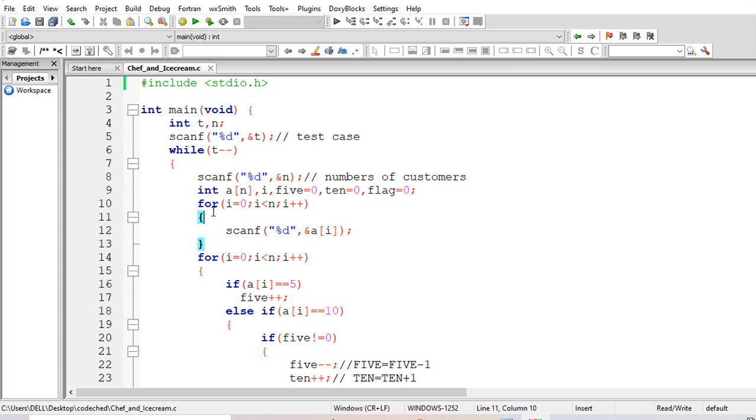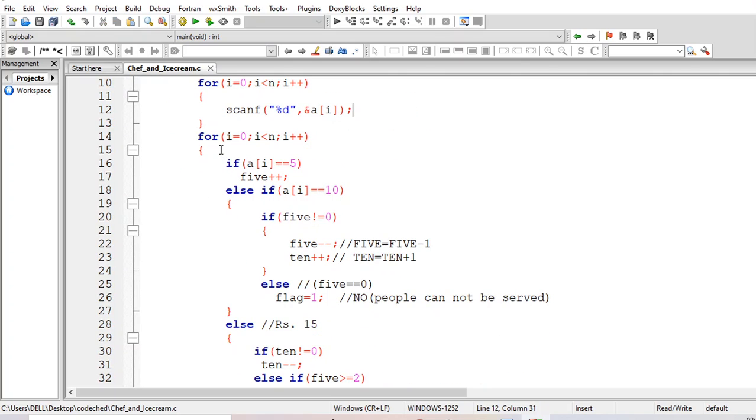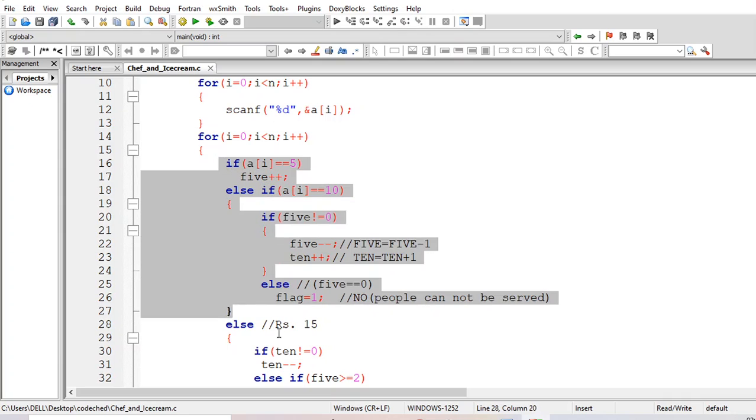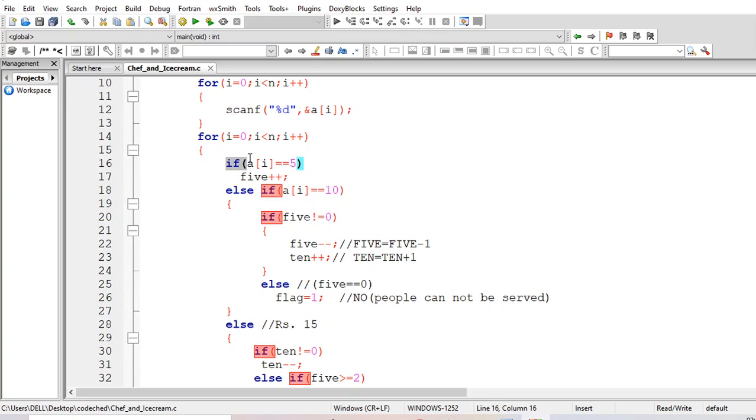So now I take a for loop to read the values of the array a from the user. Then I use another for loop to check whether the chef can serve the ice cream or not. At first I check if ai is 5. If it is, then the number of 5 rupees coins will be increased by 1. Here the chef doesn't need to give back any balance, so it will just increase.